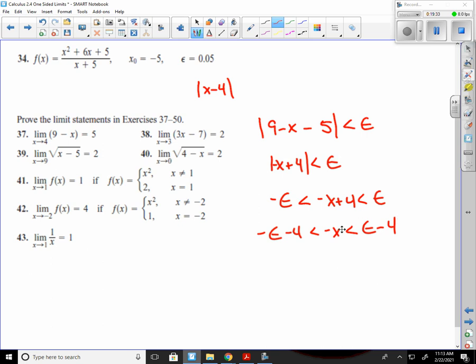Now I have to get rid of my negative, which means that I'm going to flip my signs over here to be positive epsilon plus 4. And you have to flip the direction of your inequality now. Greater than x, greater than negative epsilon plus 4.